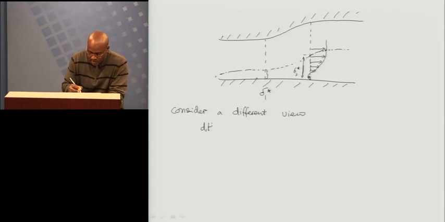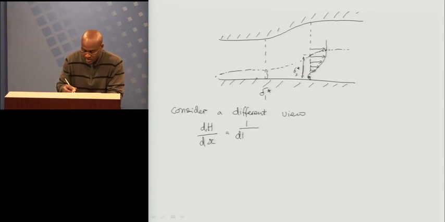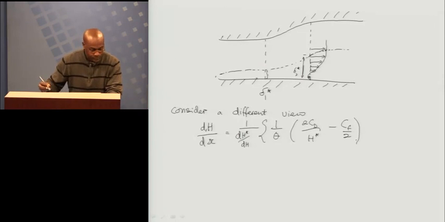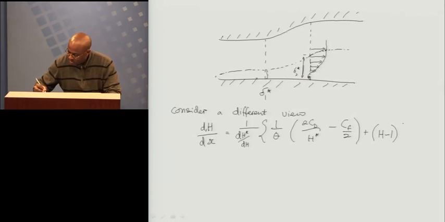Let's look at the kinetic energy shape parameter equation: dH/dx equals 1 over dH star/dH, times 1 over theta, times the bracket 2CD over H star minus CF over 2, plus H minus 1 over UE dUE/dx.